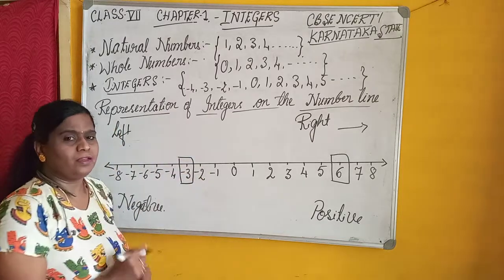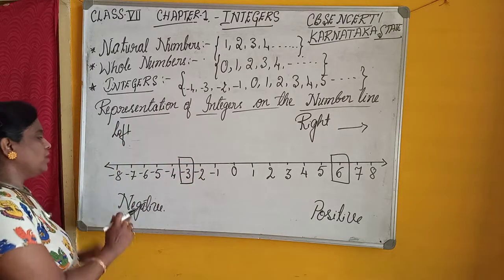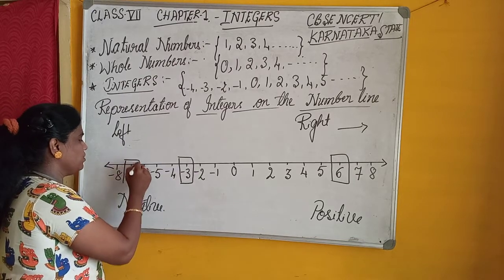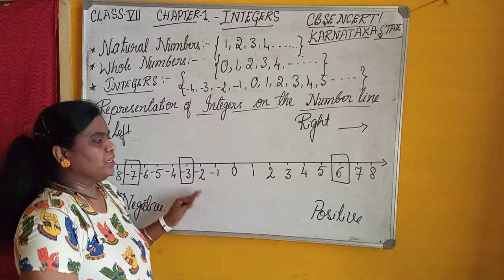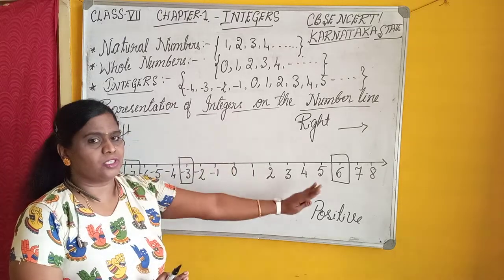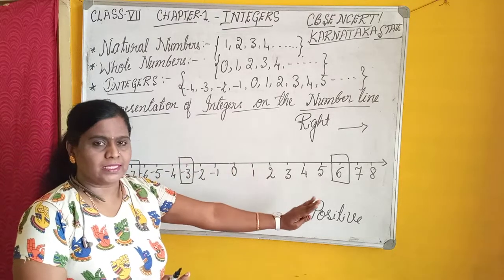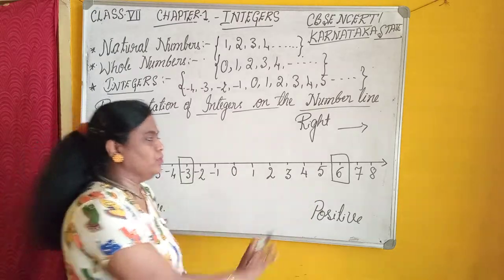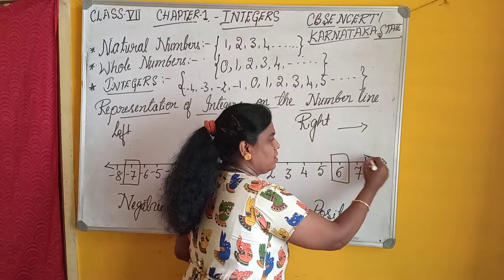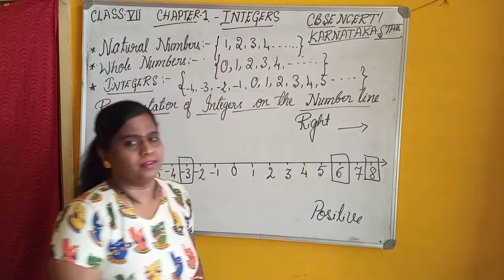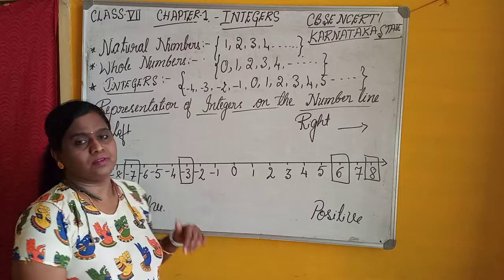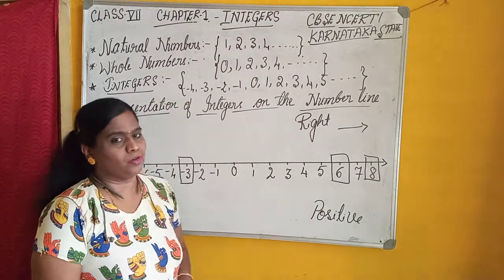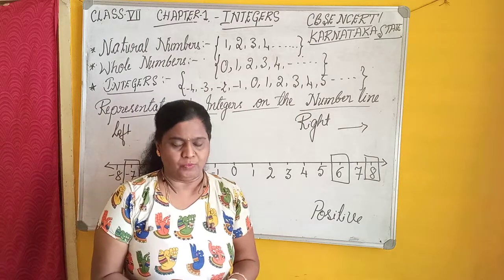In the same way, minus 7 is here on the left side of the 0. And if we consider another number on the positive side, that is plus 8, we have to look at the right side of the 0, that is 8. In this way, we can mark the positive and negative integers on the number line. And 0 is neither positive nor negative.